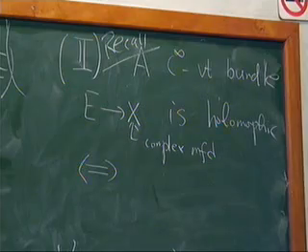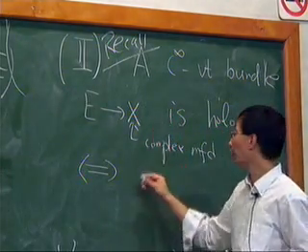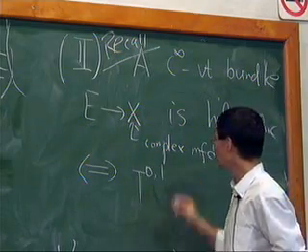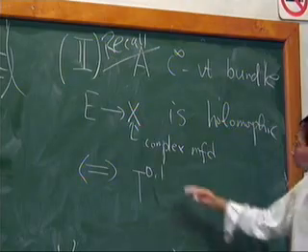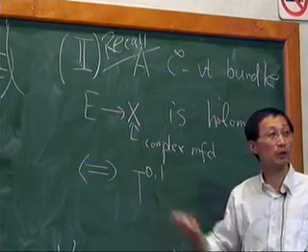you can consider this: there's a T01 connection over E, which basically tells you the holomorphic direction, which is flat.